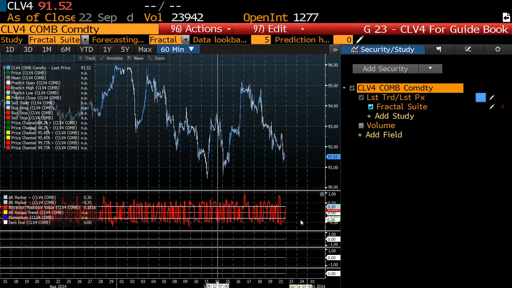So that would mean that if price were at a certain level on a bar and you notice that the predictor was at another location, the higher the positive value of the arc, that would suggest that price is going to revert back to the predicted close. The opposite is true if the number is negative.